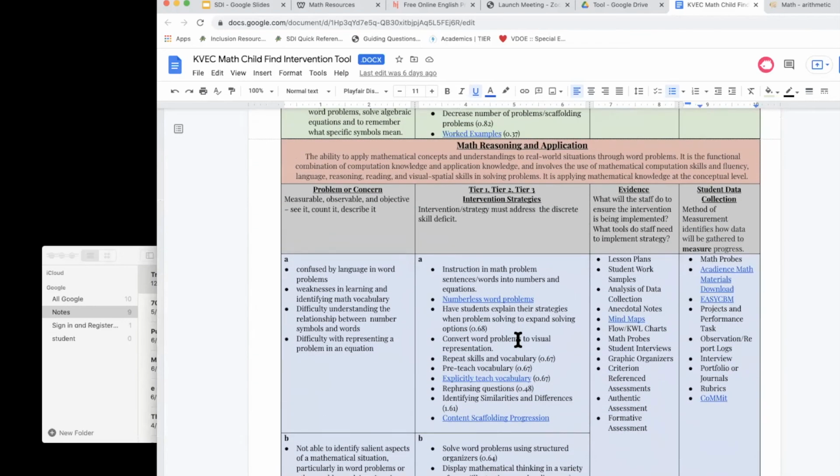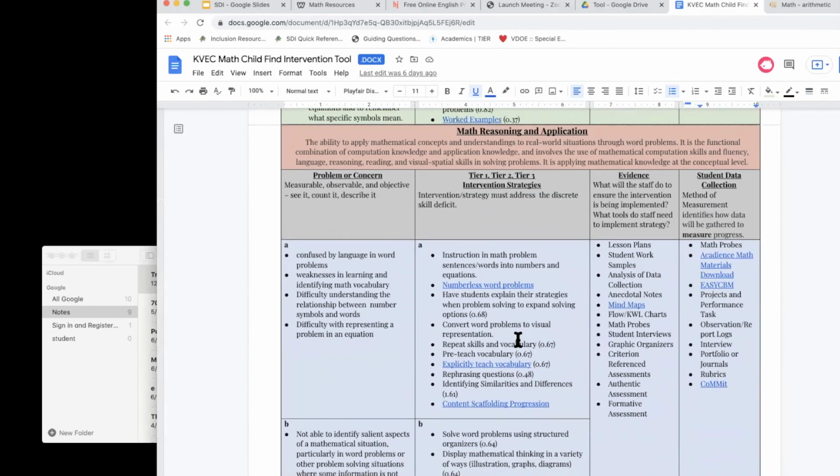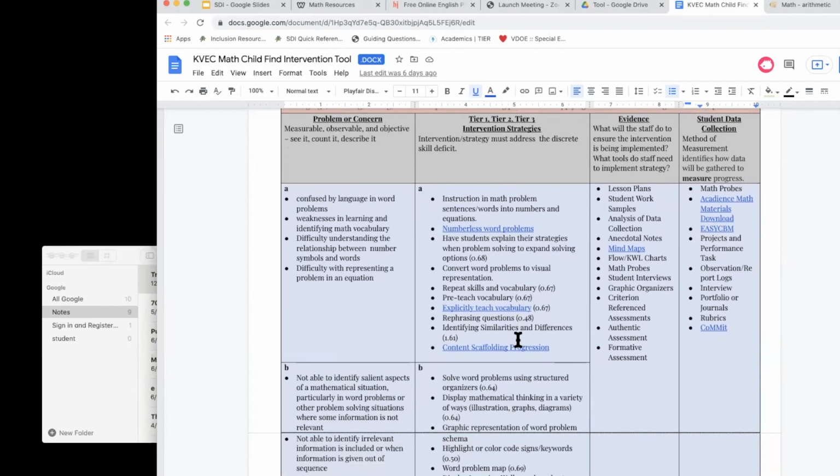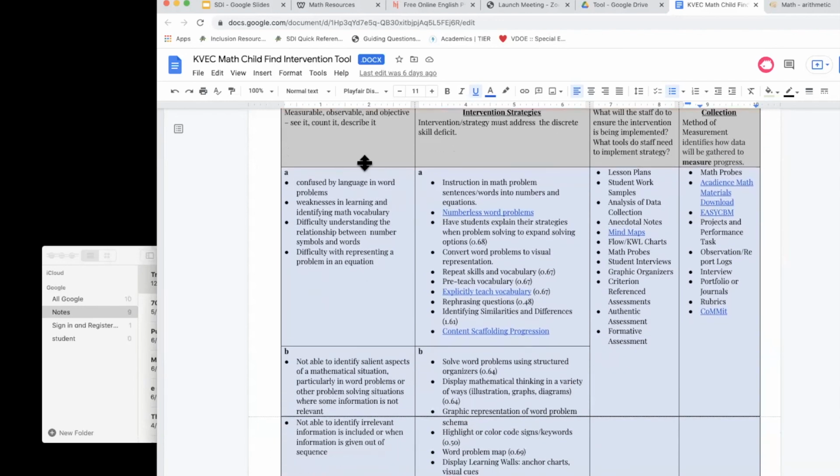Now, the next thing that we did for this was math reasoning. What is math reasoning? Well, taking real world situations and understanding them. A lot of times this is our word problems, which our kids have a lot of difficulty with. And so again, if they're confused by the language and the word problems, what can I do? And again, vocabulary pops up, right?